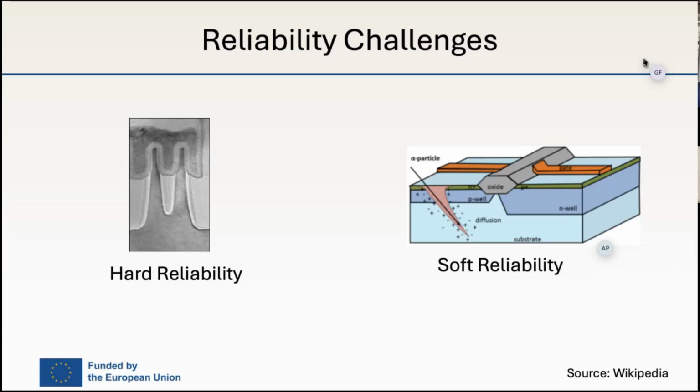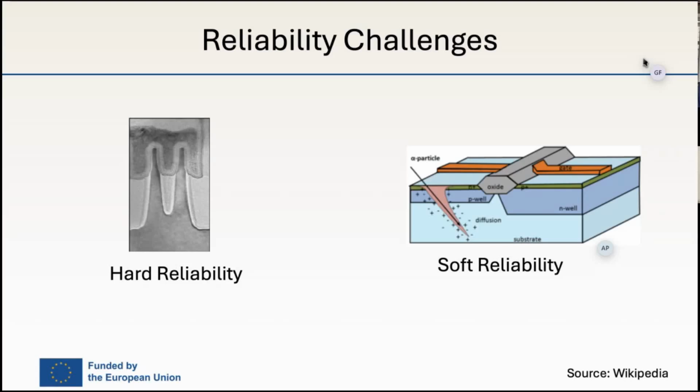On the other hand, we have soft reliability, in which your transistor is struck by a high energy particle, which shorts your transistor and can lead to temporary transient errors. These particles can come from outer space, or from the radioactive decay in the chip itself.